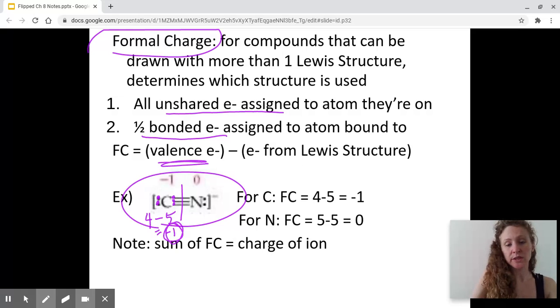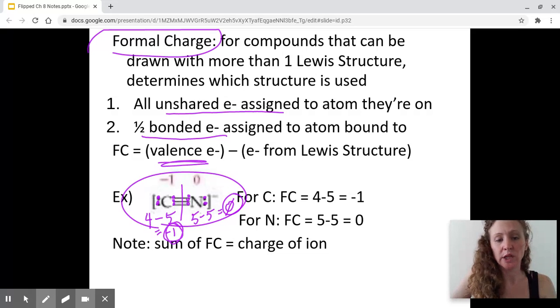Nitrogen will do the same thing. We take the valence electrons that nitrogen has, which is 5. We take all of the unshared electrons, which is 2, and half of the bonding electrons, which is 3. So 5 minus 5 equals 0. So carbon has a formal charge of -1 and nitrogen has a formal charge of 0.